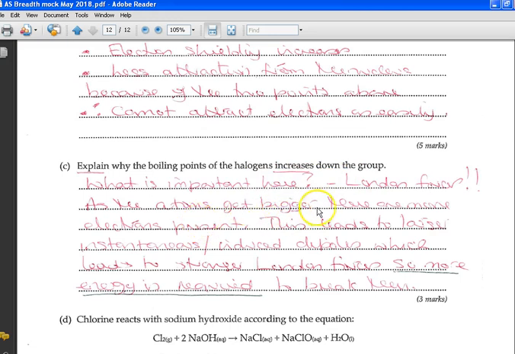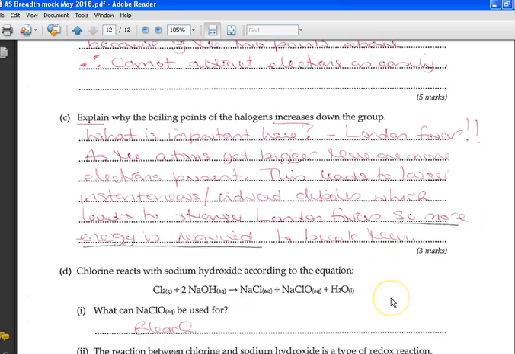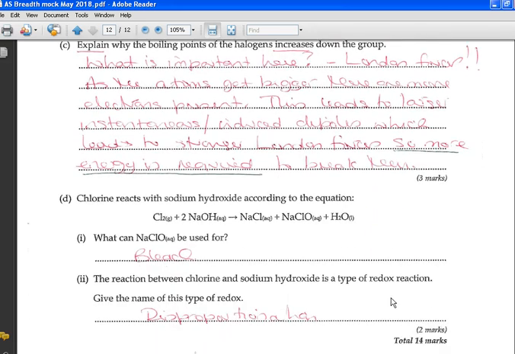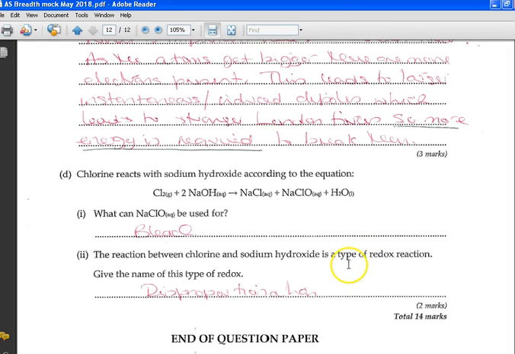It's because the atoms are getting bigger and there are more electrons present, and this leads to larger instantaneous and induced dipoles, which lead to stronger London forces. Finally, you're going to need more energy to break those London forces, and that's why the boiling points increase.